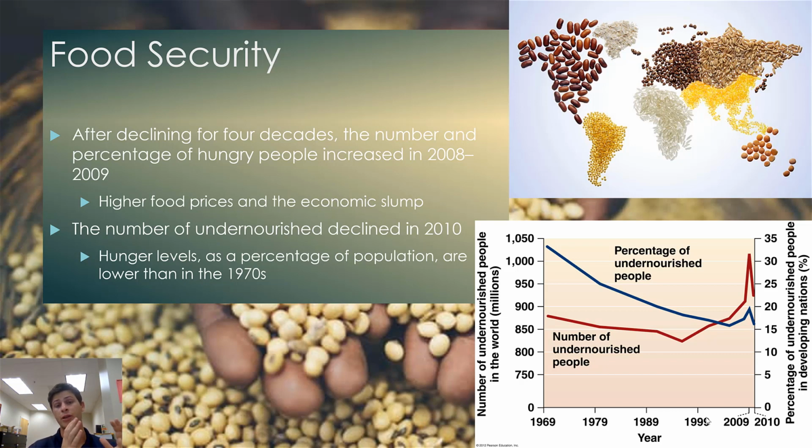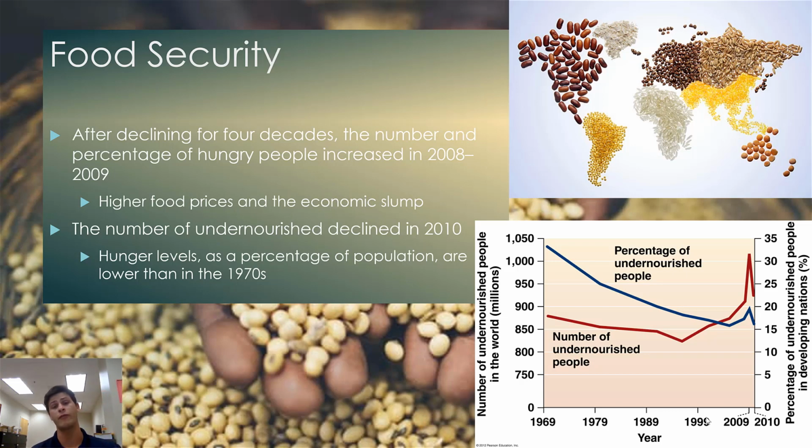While the total number of people on the planet who are going hungry has been steadily increasing, the percentage of people relative to the global population that are going hungry has been steadily declining for the last half decade or so. Even though more and more people each year are not getting enough access to food, relative to how many people we have on the planet, that number is actually going down.